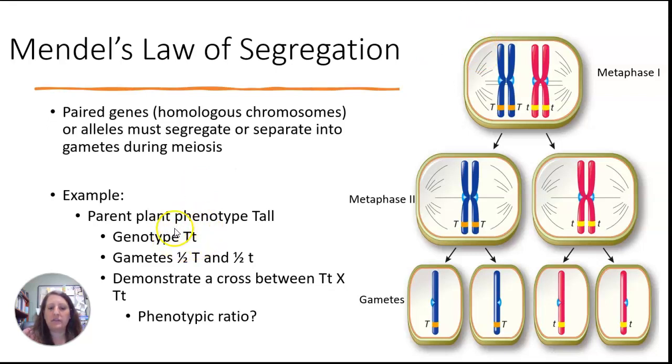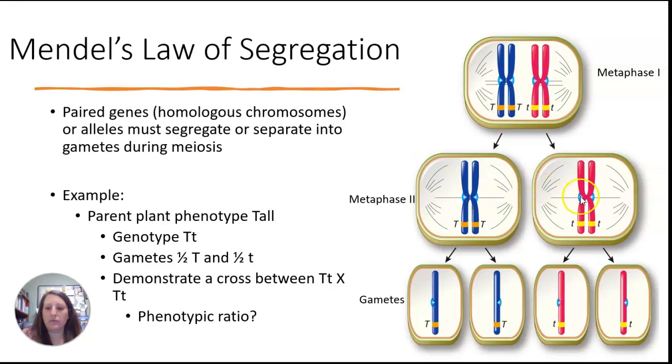So the genotype of this parent is big T, little t, and you can see those alleles here on these homologous chromosomes. We're in metaphase 1 of meiosis 1. DNA replication has already occurred, chromosomes have already formed tetrads, and the tetrads right now are lined up on the metaphase plate. So these homologous chromosomes are going to be pulled apart during meiosis 1.